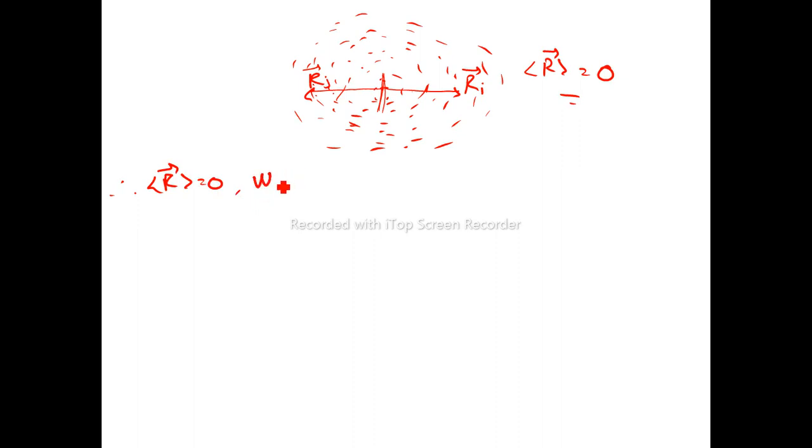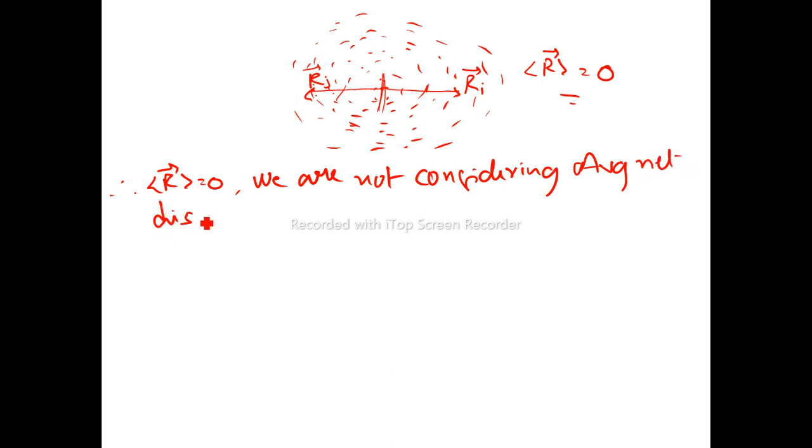We are not considering the average net displacement. But usually the atom will move from one place to another, and there will be diffusion due to the movement of these atoms. So this concept will fail.